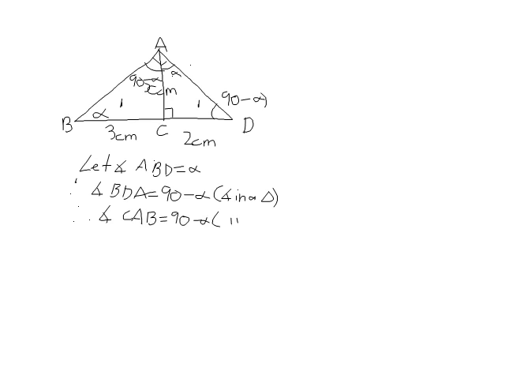Same reason, angles in a triangle. So then we have angle DAC equals alpha. Now as you can see, we have the 3 angles.